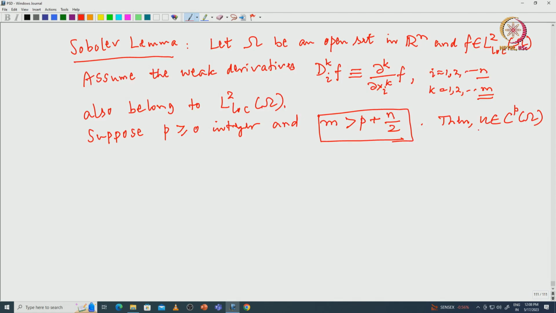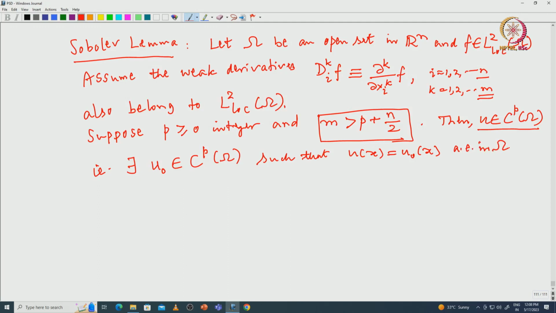Again the meaning of that, let me stress: there exists u_0, a continuously differentiable function up to order p, such that u(x) equals u_0(x) almost everywhere in omega.